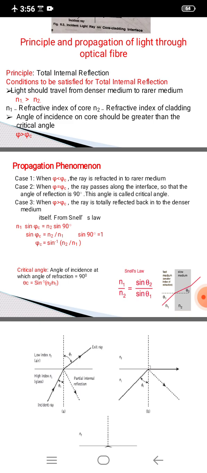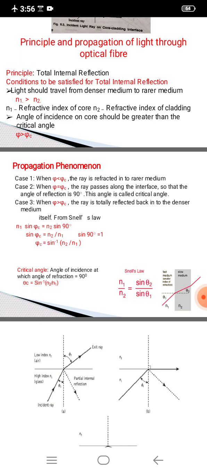So refer to this first diagram A. This is the incident ray. Then the next one is the exit ray. When the angle of incidence is lesser than the critical angle, the light ray is refracted to the rarer medium.